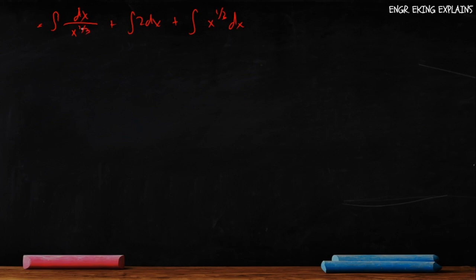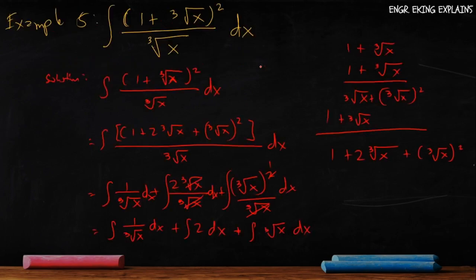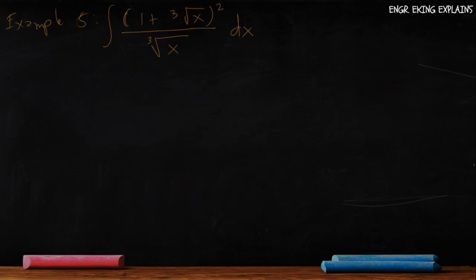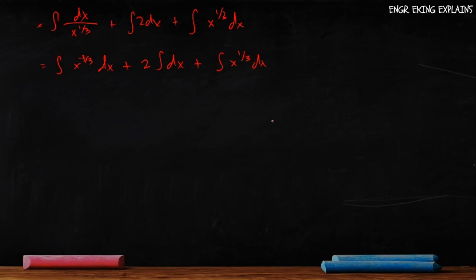So we will be erasing this also, no? So it will become negative 1/3 dx. So just have the constant outside. So the n for this one is negative 1/3, for this one is positive 1/3, no?